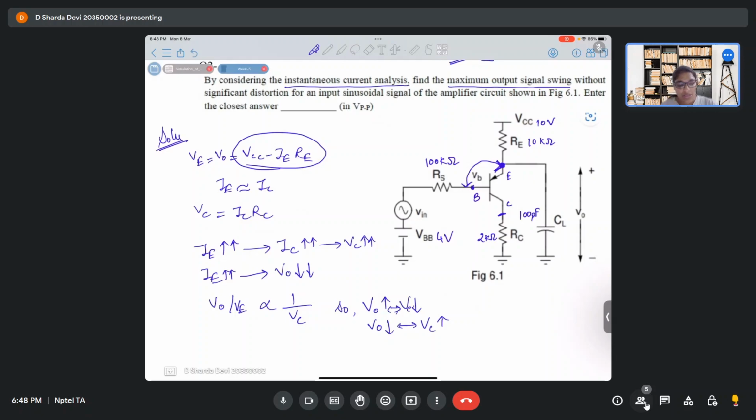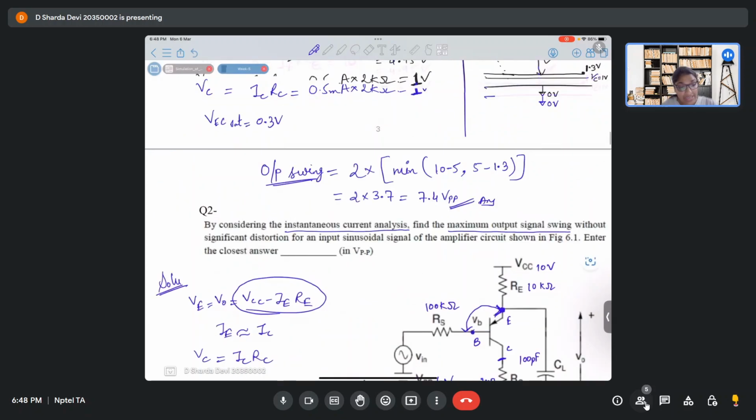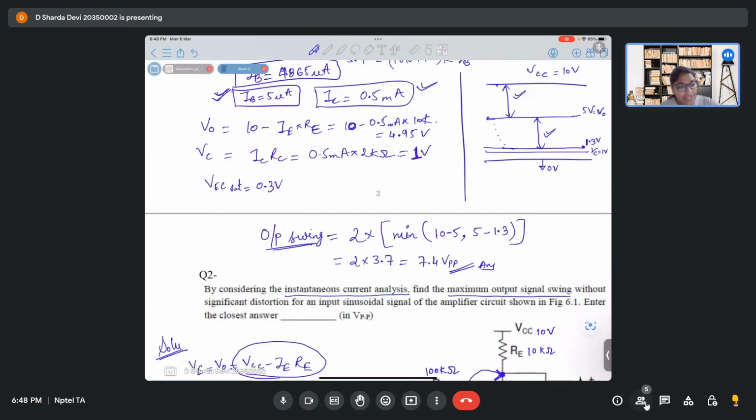Yes, ma'am. So till now, we considered our VC to be constant at 1 volt, and that's how we derived 1.3. We said this difference will give us the output swing. But actually, that is not true. Here your VC is not fixed.